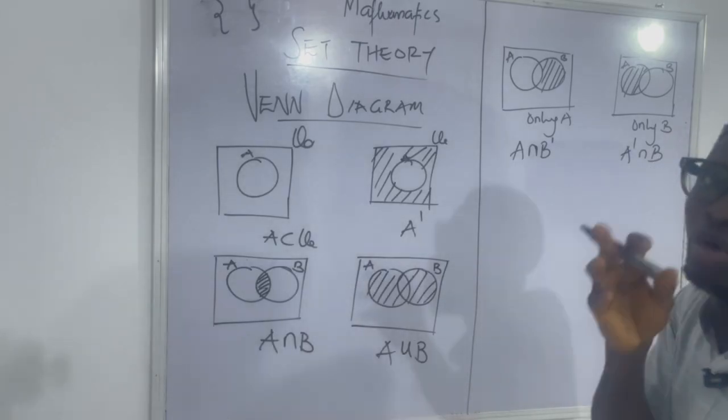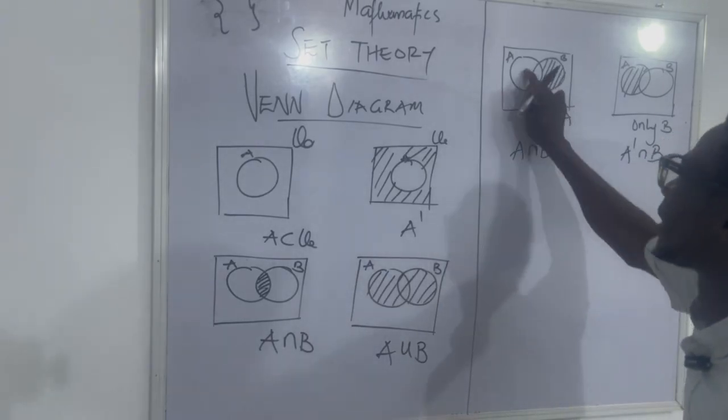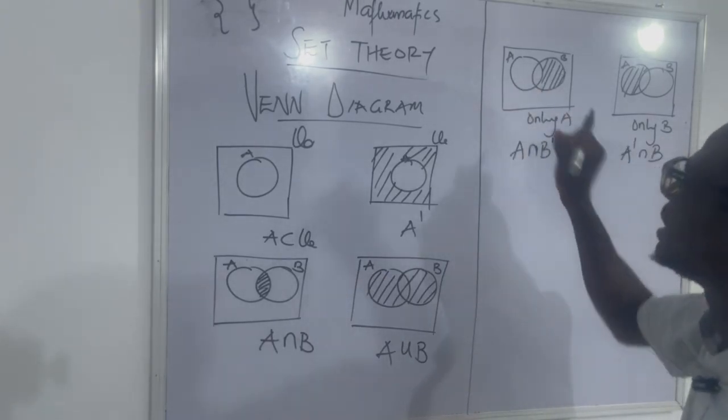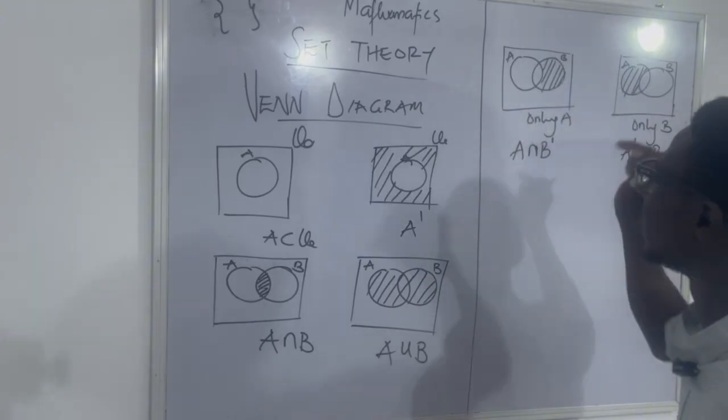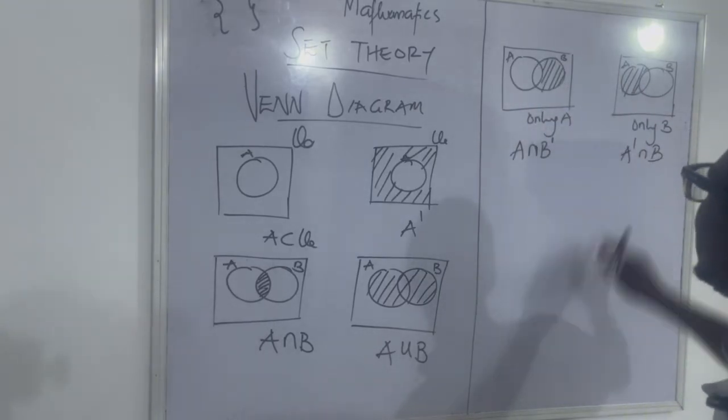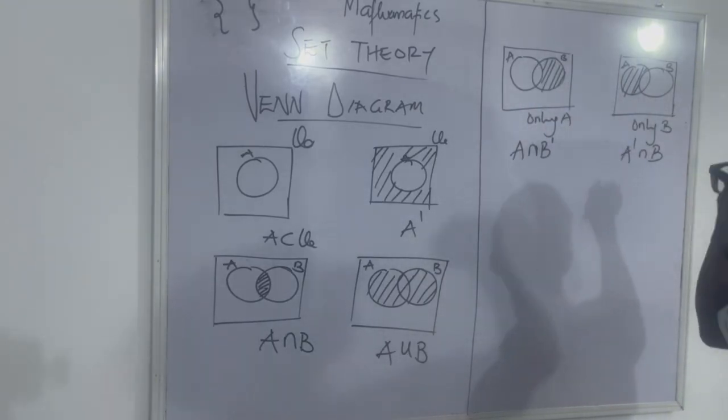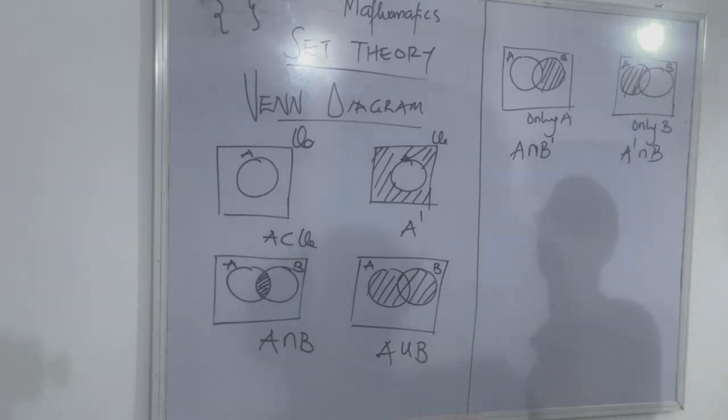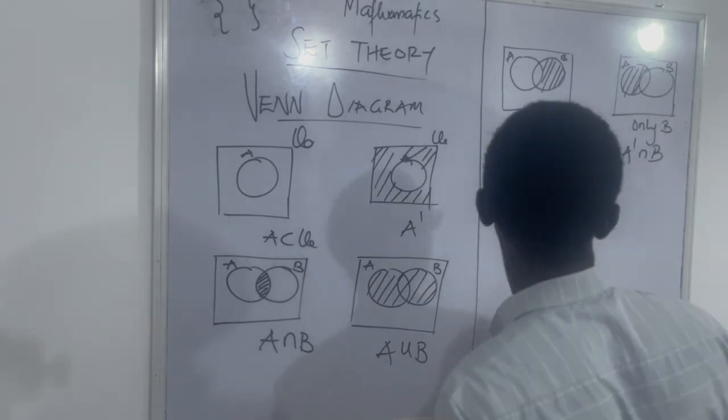How many students offer only Greek? So this is only Greek. That's A. Do we understand? B: how many students offered only biology? So we can say it like that.